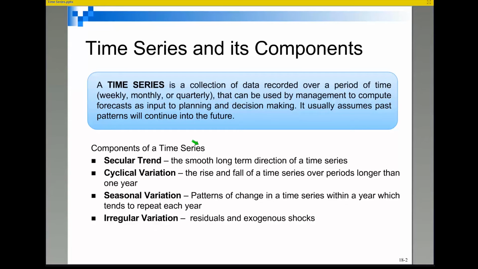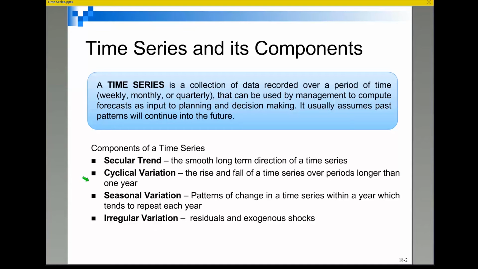The first one is secular trend. This is the smooth long-term direction of a time series. That is, when we look at sales data, the first thing we would want to see is if the sales is increasing steadily. When we say that, we are actually looking at the secular trend. That is, we are looking at the overall direction of the time series.